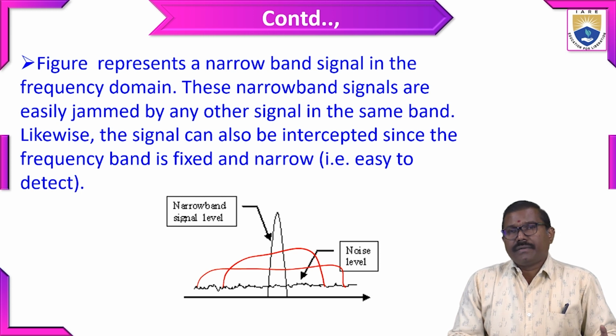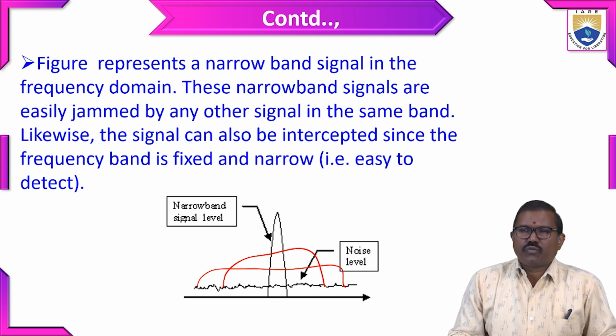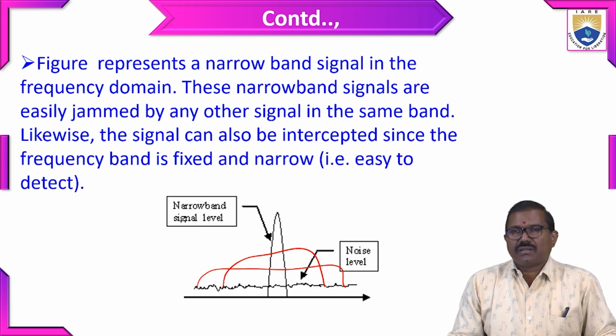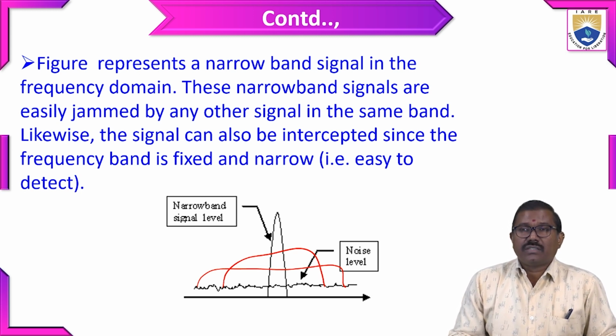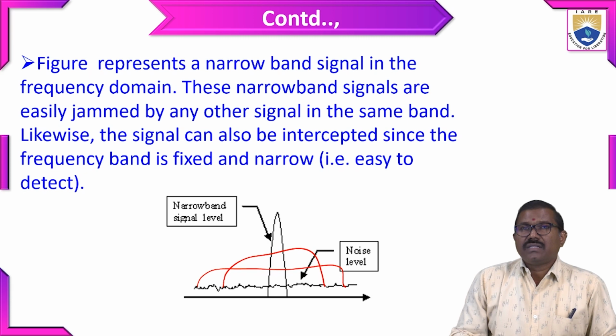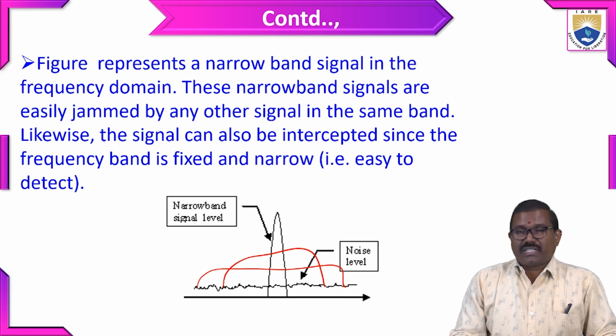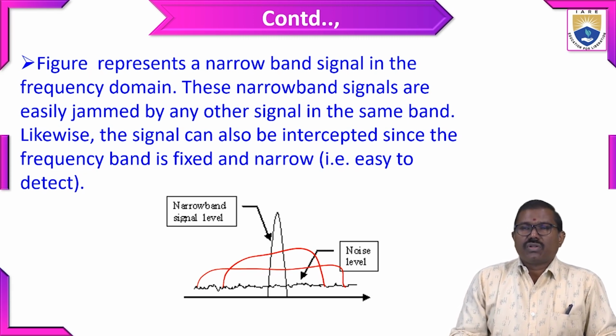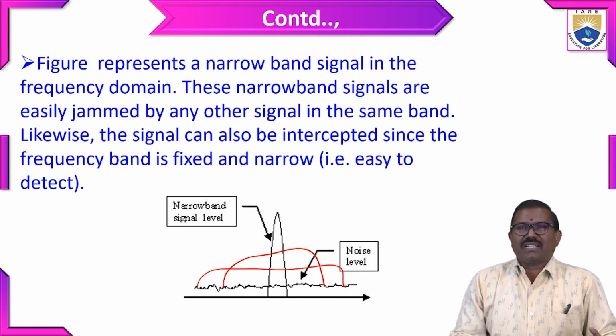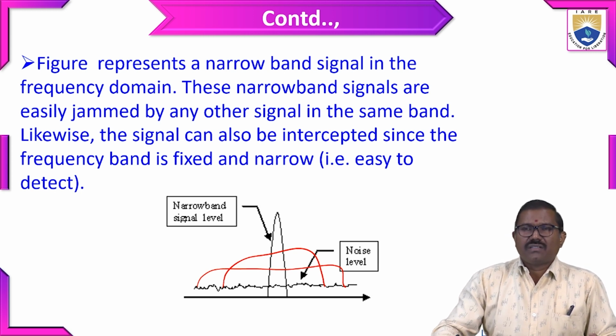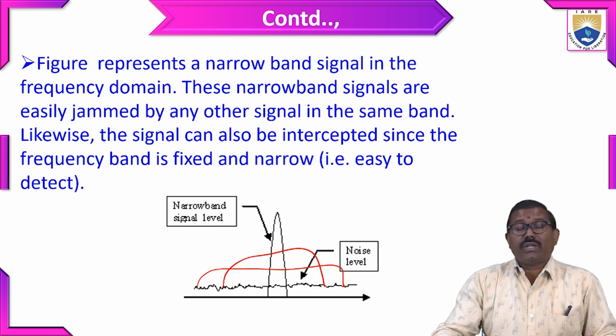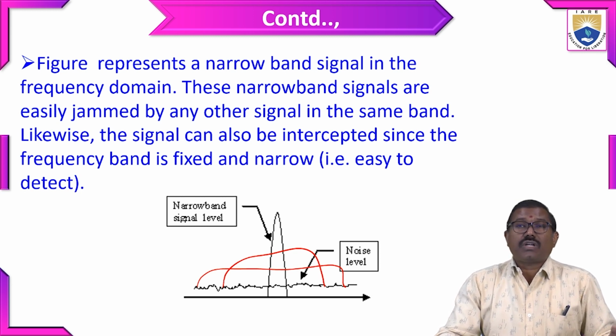In another sense, I'm bringing the signal into the noise, which is also very difficult for any intruders or interferers to detect. Our aim is not to easily detect the signal, and that's why we provide secure communication.